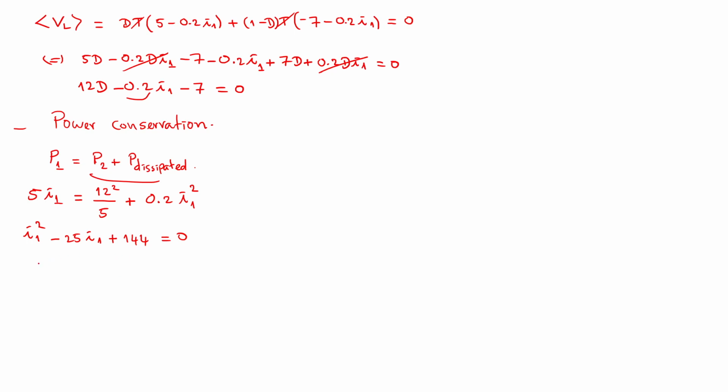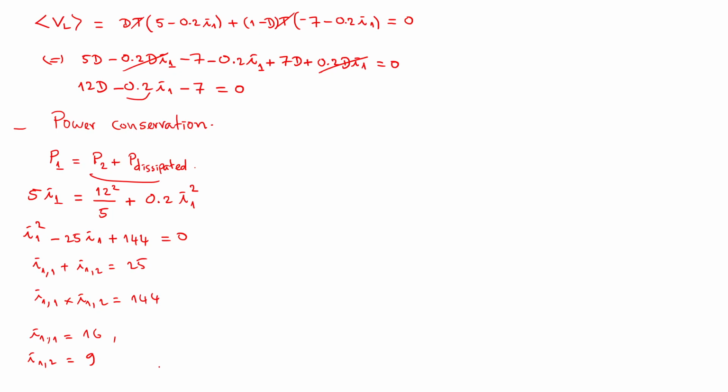So from here you have I1 1 plus I1 2 equal to 25, and because I already know the solution, I1 1 times I1 2 equal to 144. So actually I1 1 equals 16 and I1 2 equals 9.